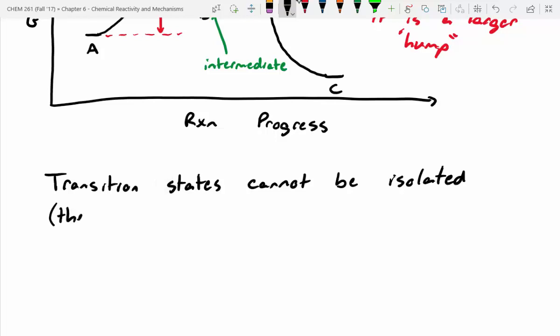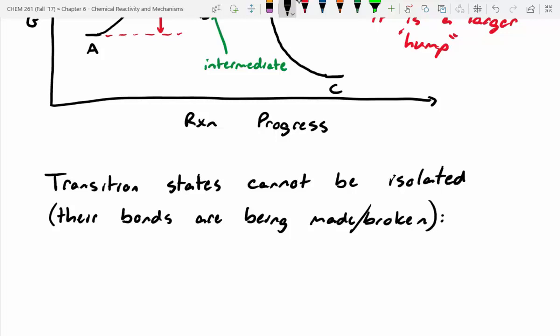And let's make a note that their bonds are being made and broken. However, we can isolate intermediates.